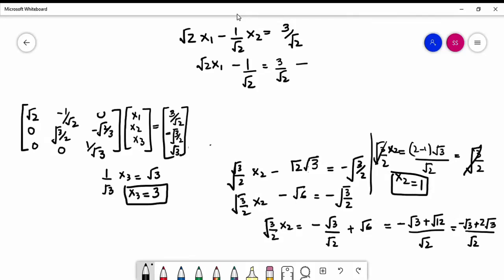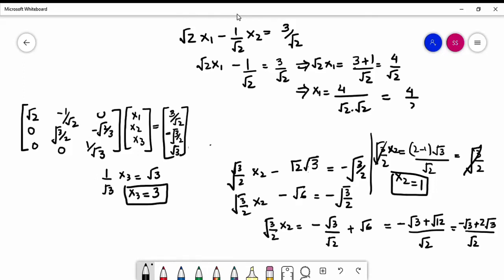If I shift it to the other side, that makes it 3 plus 1 by √2, so that is 4/√2. If I divide it with this, x1 equals 4 divided by √2 into √2. So that makes it 4/2, which is simply 2. So x1 is 2.